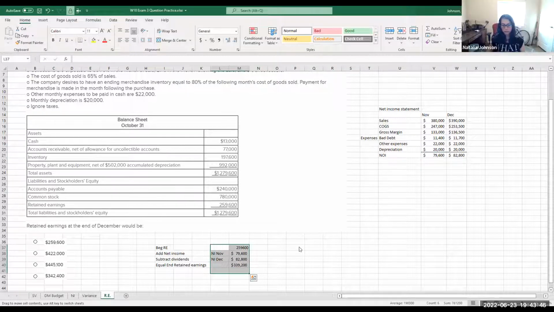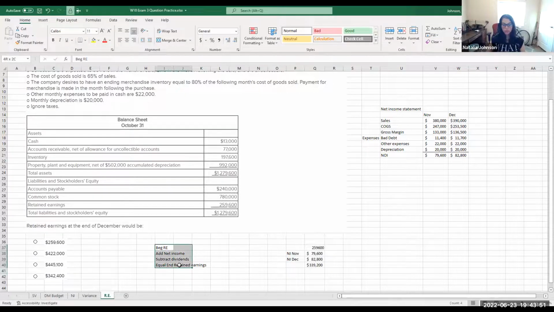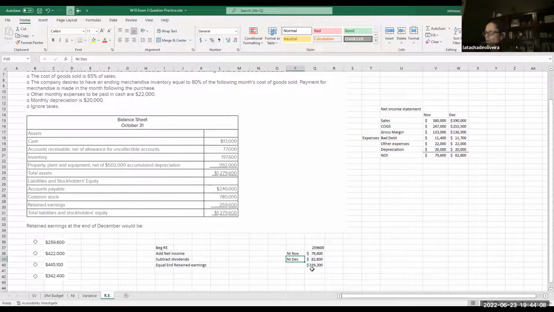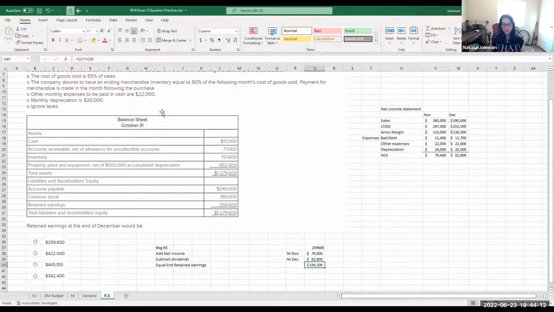I was just saying that the real retained earnings formula is beginning plus net income minus dividends. But for this question, they don't give you any dividends, so we're just going to add the two net incomes of the 2 months, and that's it. Okay, so we add November, and I missed December.